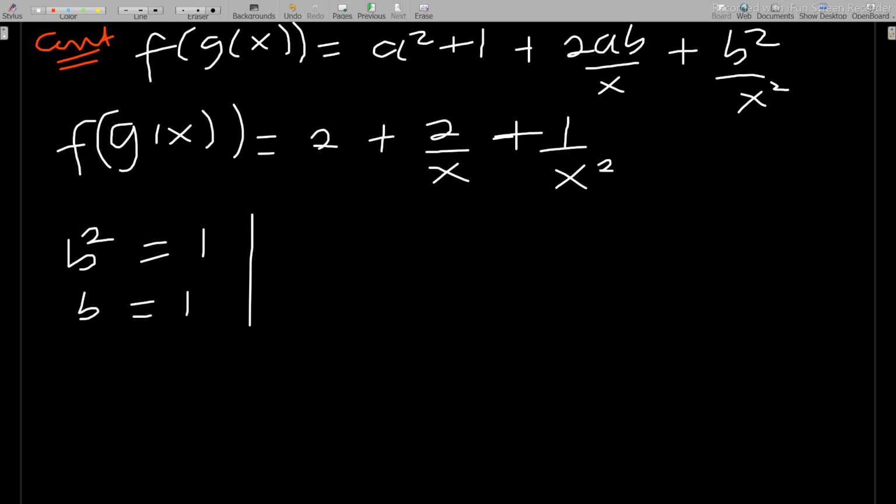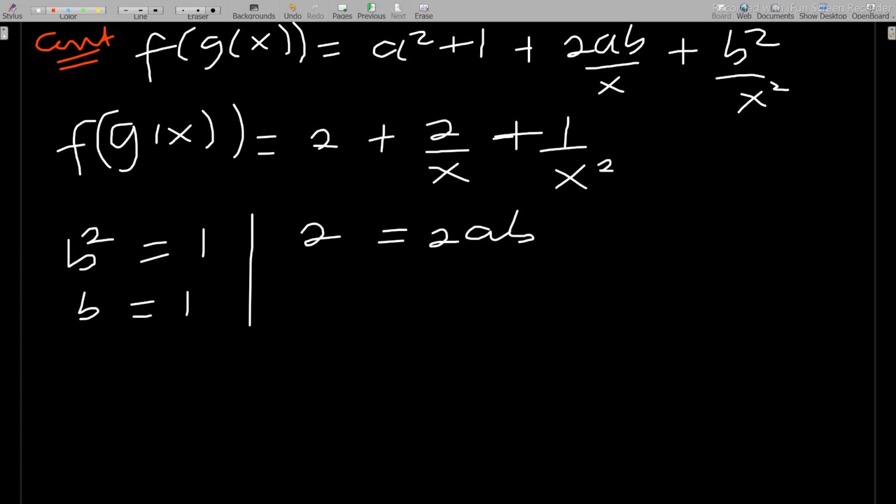Okay, now you go to the second one. With this side 2 over x, here we have 2ab over x. It means the same denominator, so if you are comparing both sides, the numerator should be the same. Okay, so 2 should be equal to 2ab, but we know that b is 1.